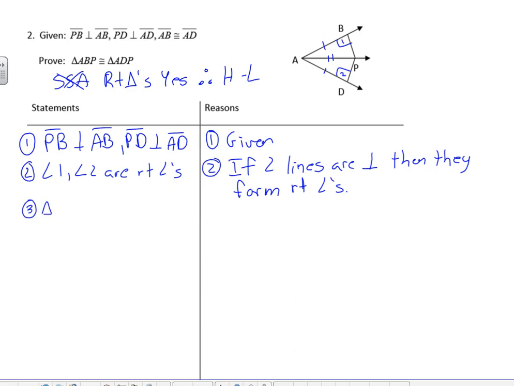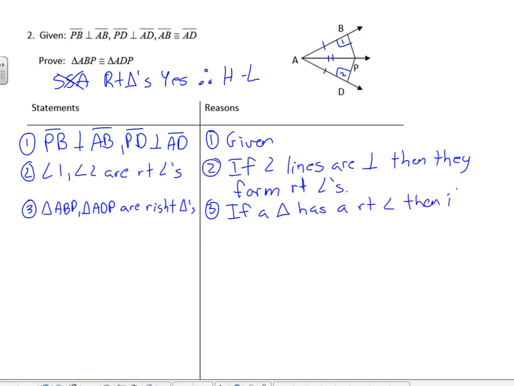So therefore, triangle APB, triangle ADP are right triangles. And it's this: if a triangle has a right angle, then it is a right triangle.